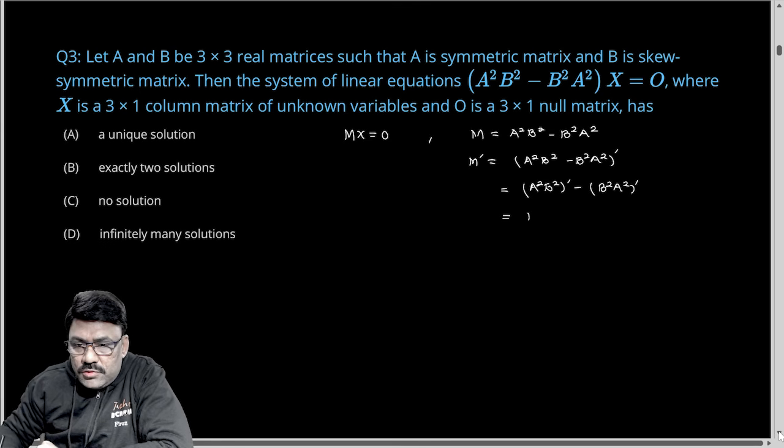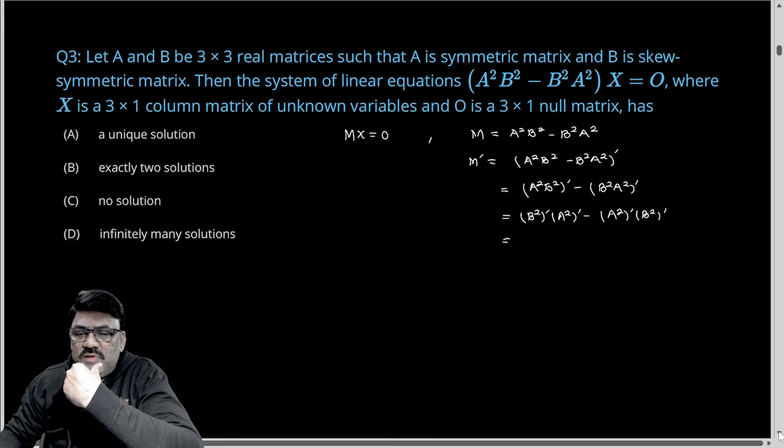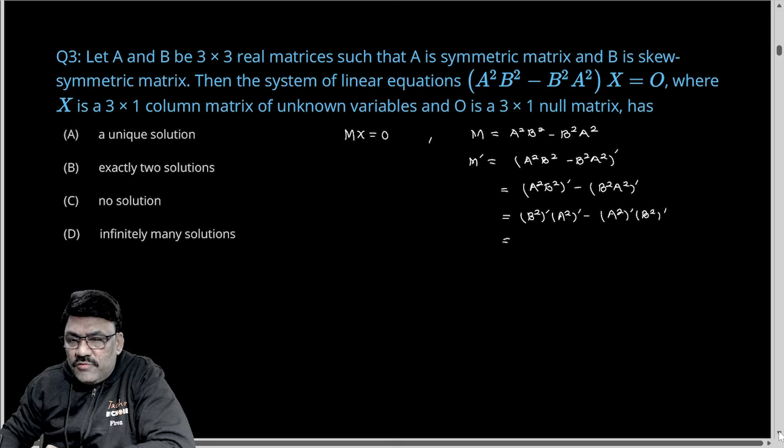Now this will become B square dash A square dash minus A square dash B square dash. And they have given that A is symmetric, means A dash will be A only, and B dash will be minus B because B is skew symmetric.